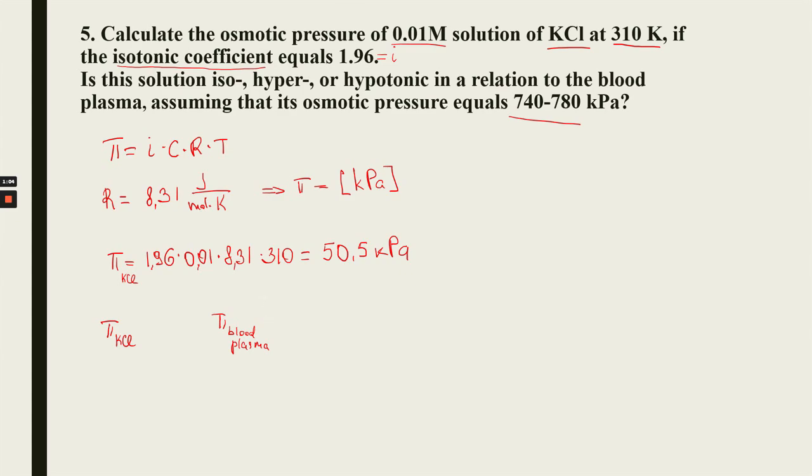And we see that it is smaller. The osmotic pressure of potassium chloride is smaller than osmotic pressure of blood plasma. In that case, we know from lecture number 2 that the solution will be hypotonic. So the conclusion is that the solution is hypotonic.